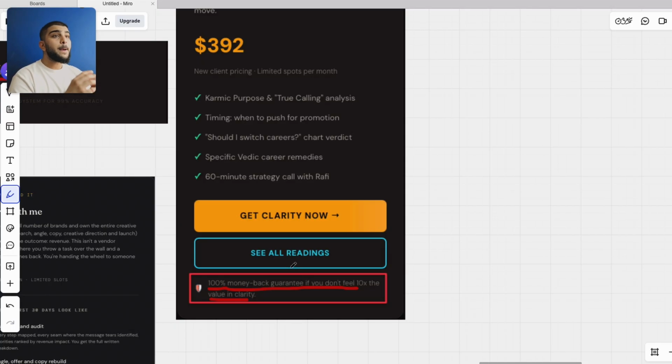It's basically mitigating all the risk possible, because Rafi is saying to his client, if you buy from me, I will give you your money back if you don't feel this massive and immense amount of clarity. It works way better. So for example, if this was just 2x, it's like, oh, okay, so maybe. But 10x is such a high amount that it basically removes all elements of risk from the buyer's brain.